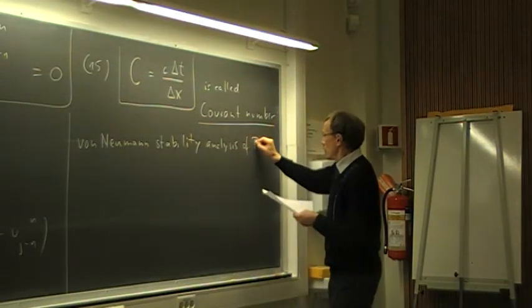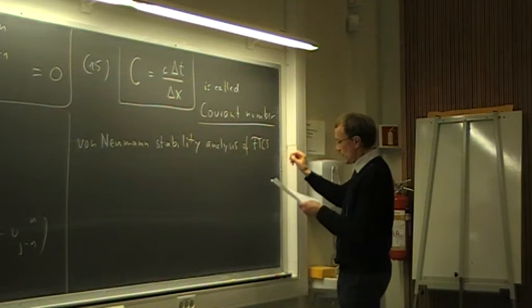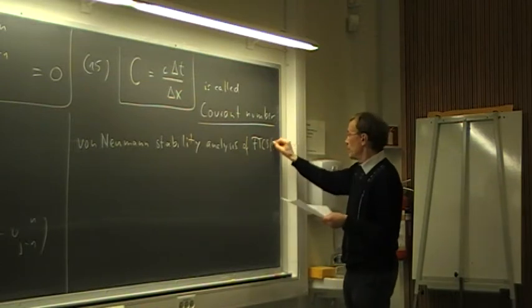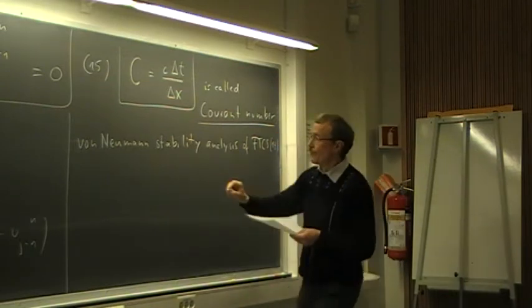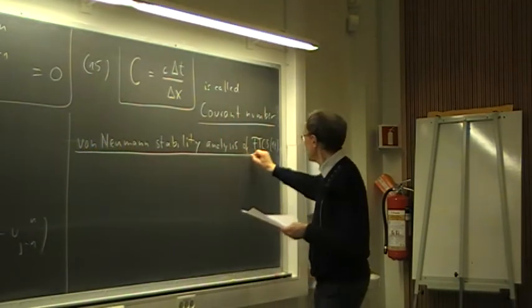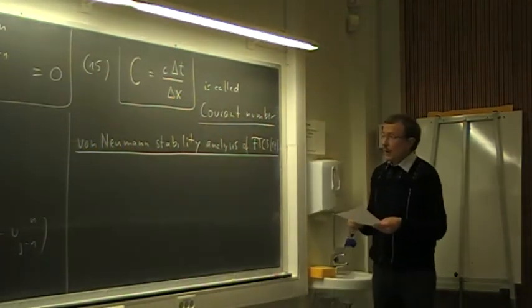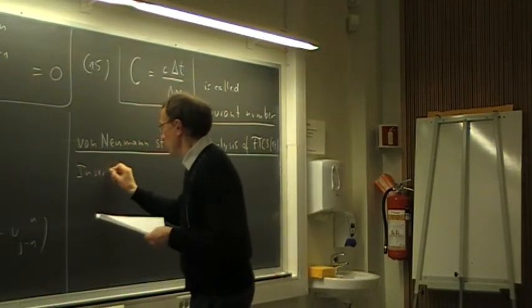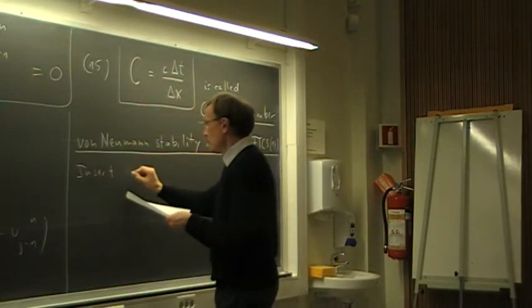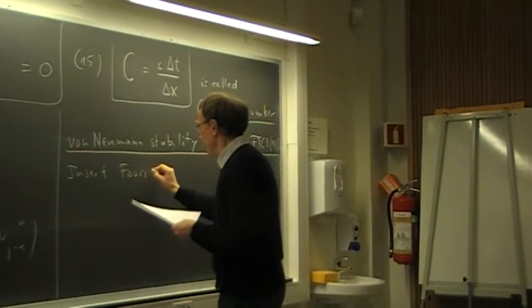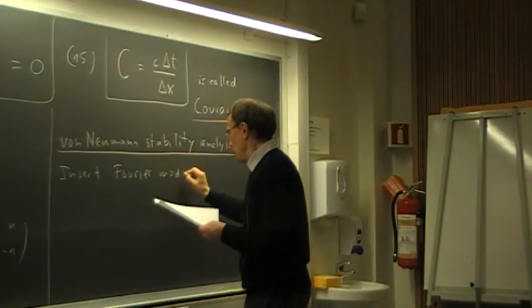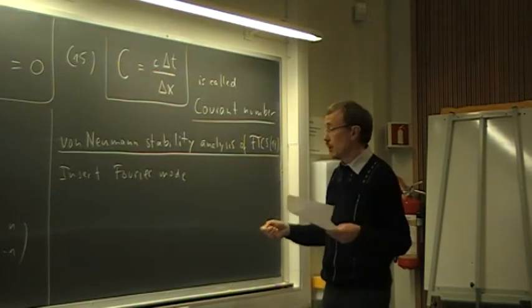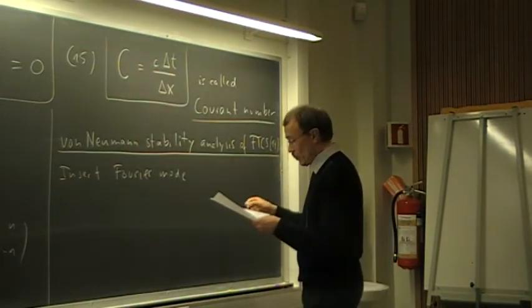So we do that for the forward time-centered space scheme that we have now written in the form 14. What we do is we insert a Fourier mode, in which the discrete solution can be decomposed.